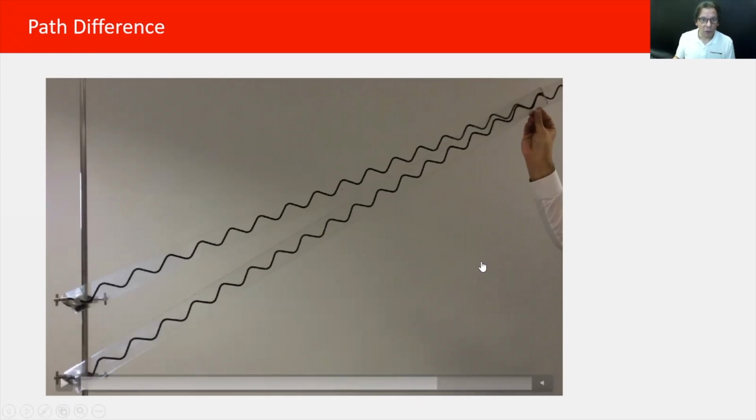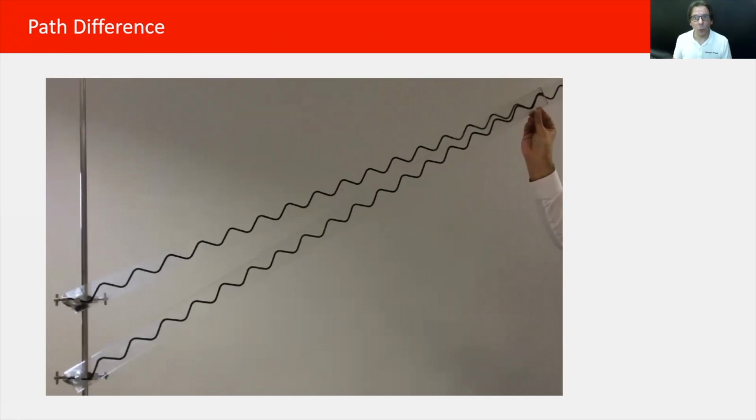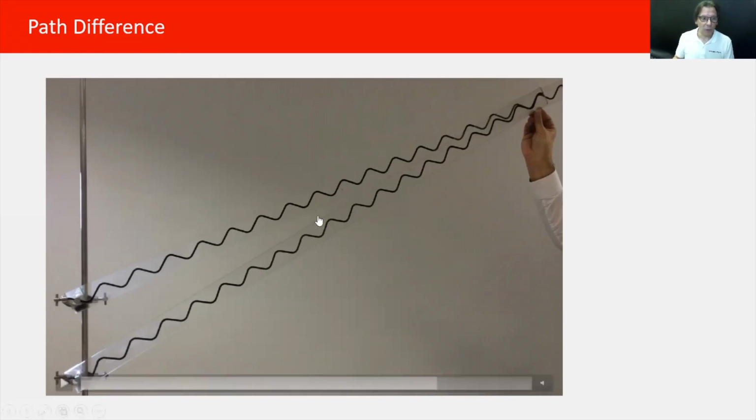If I continue moving my hand upwards, we'd reach a point where the two waves are overlapping in phase again, and the path difference is 2 whole wavelengths. So you can see that if the waves start off in phase with each other, they will overlap in phase with each other again, provided that the path difference is a whole number, or an integer number, of wavelengths.